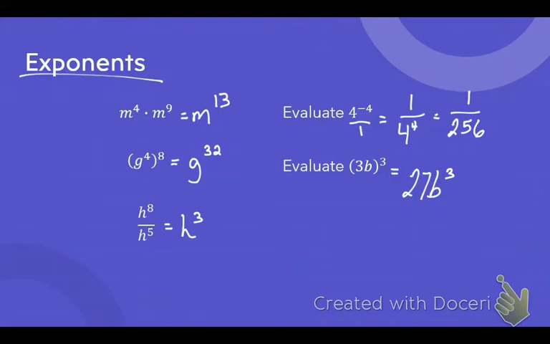So just make sure, guys, that you are distributing that power to each term inside the parentheses. Another answer option that I would probably give you is 3b to the 3rd power. But again, that answer is incorrect because the 3 was not distributed. All right, so that's it for exponents.